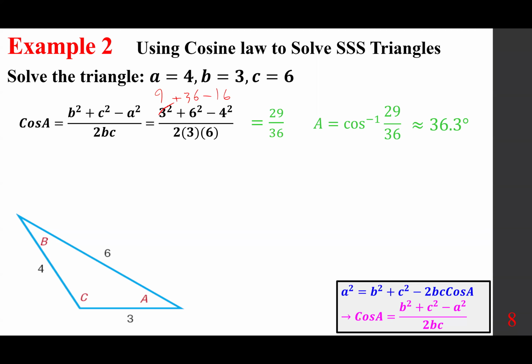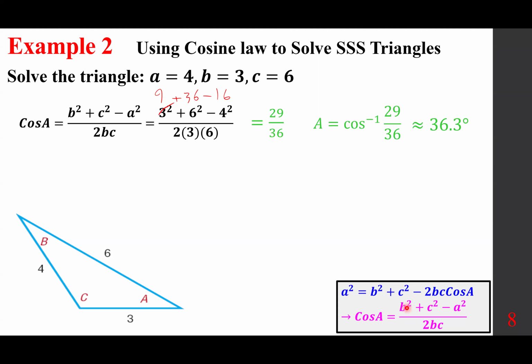Now, if I want cosine B, okay, so I'm going to replace the B here. So b squared plus c squared minus a squared becomes a squared plus c squared minus b squared, because I want the b.